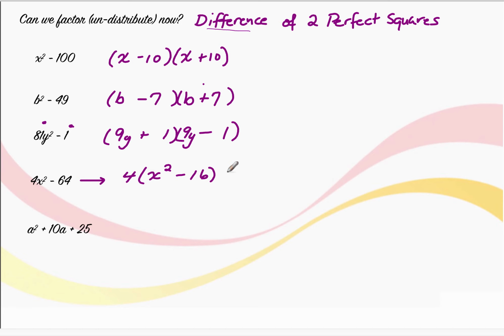That's still a difference of two perfect squares. And then that factors down to x minus 4 times its conjugate, x plus 4. This is where we're heading. This is called a complete factorization.